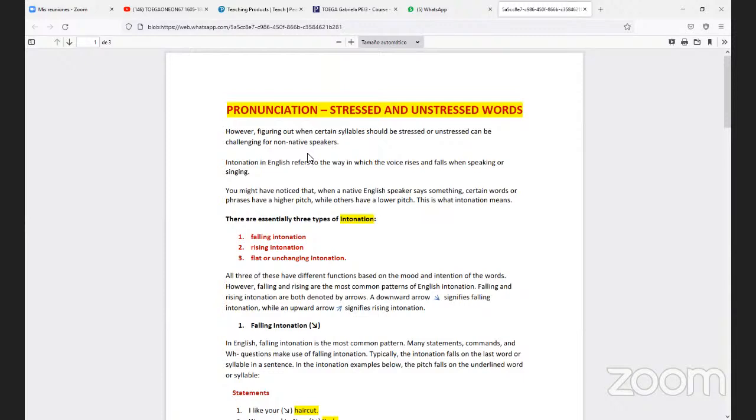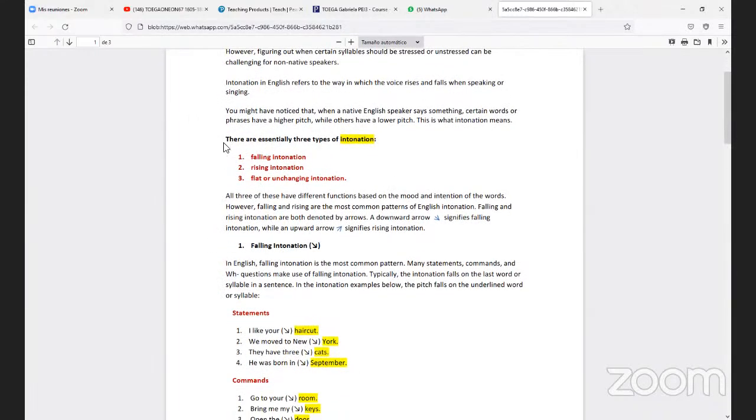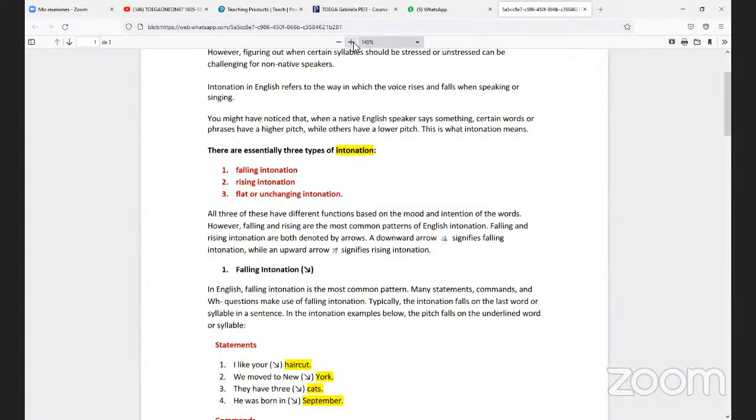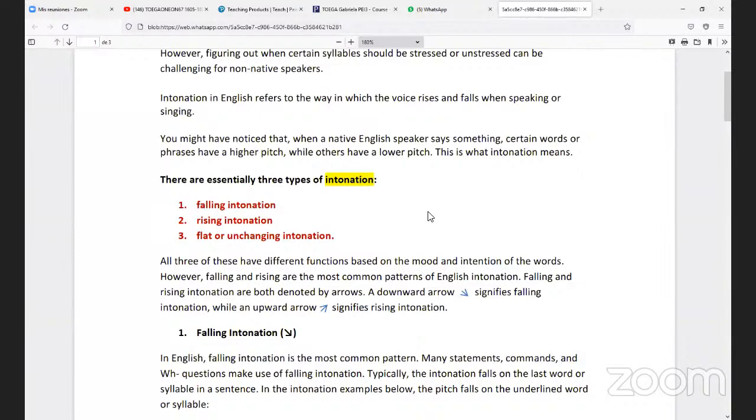So we have to try to identify and use the correct way to use the intonation. There are 3 types of intonation. What does intonation mean? When we have a falling intonation or a rising intonation, the voice of the speaker is going to fall or rise.